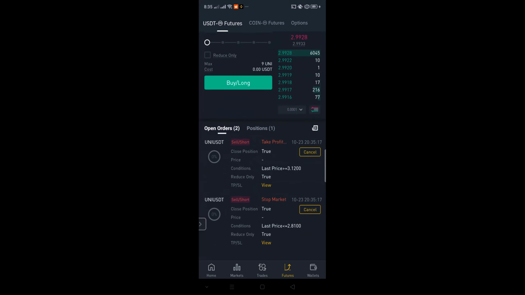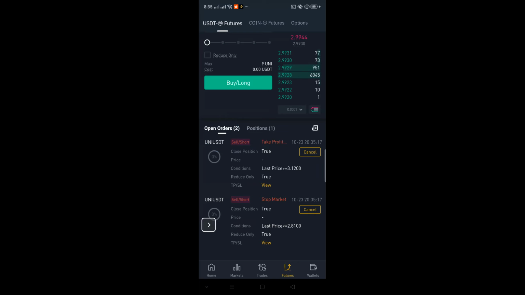Under, you see open order. Open order is the order that has not been executed. So in this case, the order that has not been executed is your take profit and stop loss.